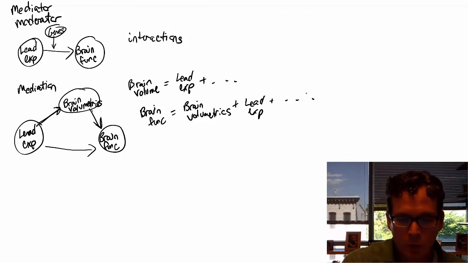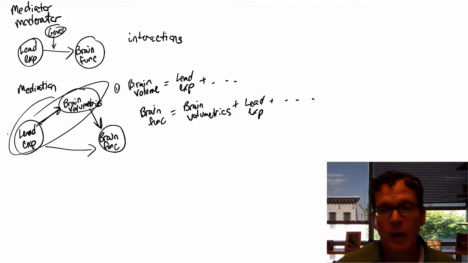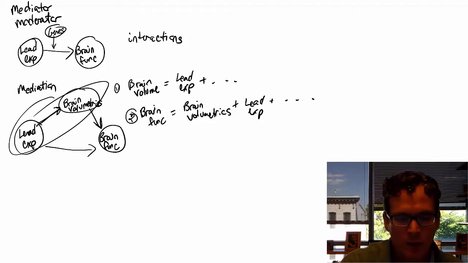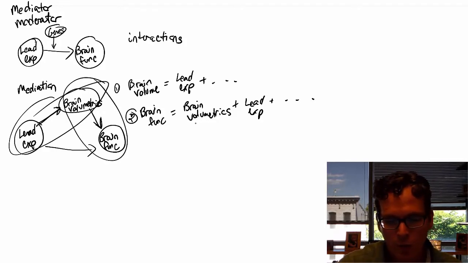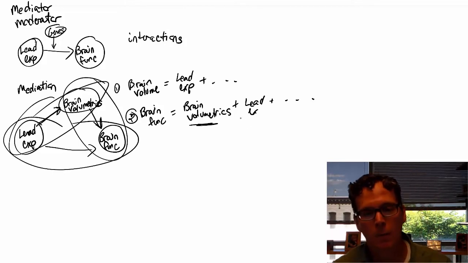This first equation, equation number 1, is modeling that arrow. And the second equation, equation number 2, is modeling this arrow through the fact that we have brain volumetrics in there, and it's modeling this arrow by the fact that we have lead exposure in there.